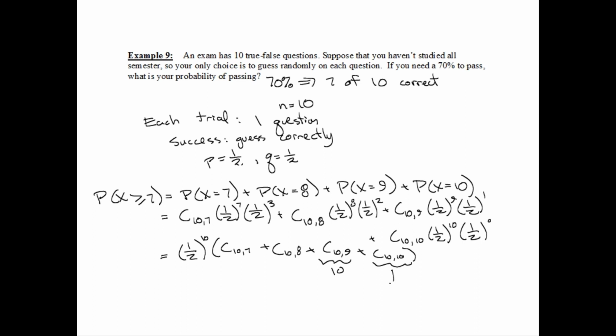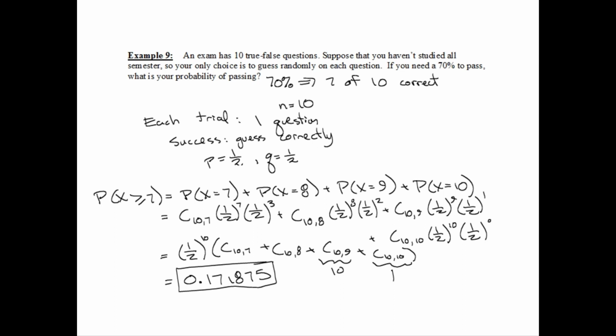So keep in mind those when you are doing your calculator punching. You don't want to be putting in a bunch of unnecessary calculations when we should just notice that this is 10 and that this one is 1. And we factor out our 1/2 to the 10th. You should end up with 0.17185. That's the probability that we pass a true-false test by guessing if there are 10 questions.